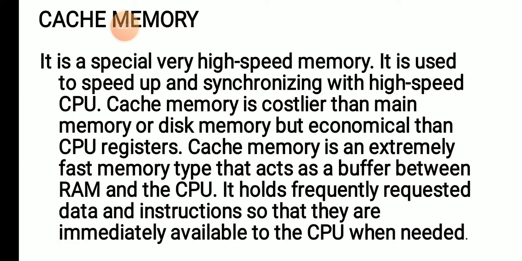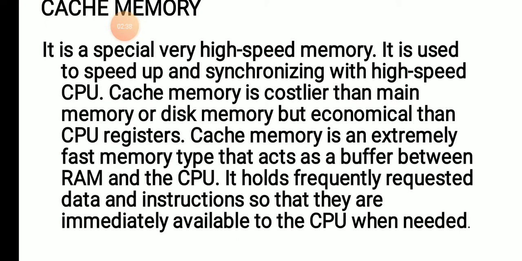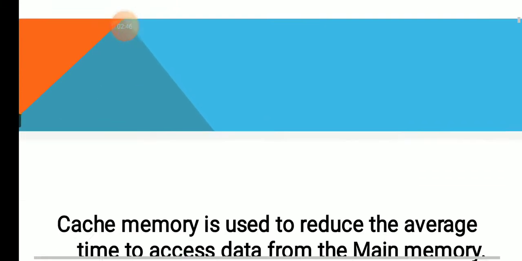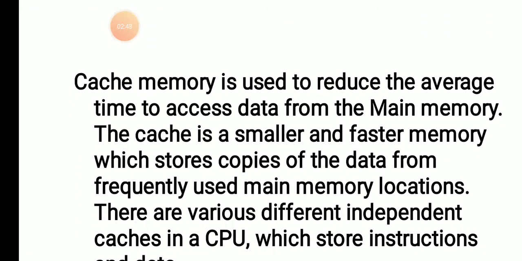If you want to access the home page of your browser, you need your cache memory. Likewise, if you want to open some applications, you need cache memory, because it is faster than other memory.